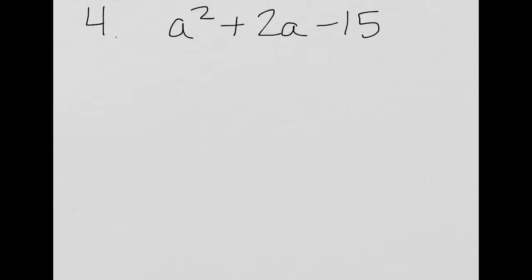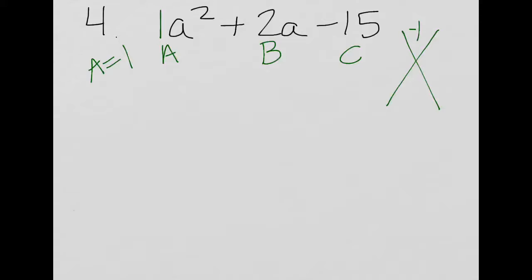Okay, on this one, I notice right away that that's a 1, so I'm not going to have a GCF. I do, however, get really happy because my A is 1, and that means I'm going to get to use my shortcut. So A times C, 1 times negative 15 is negative 15. B is 2.